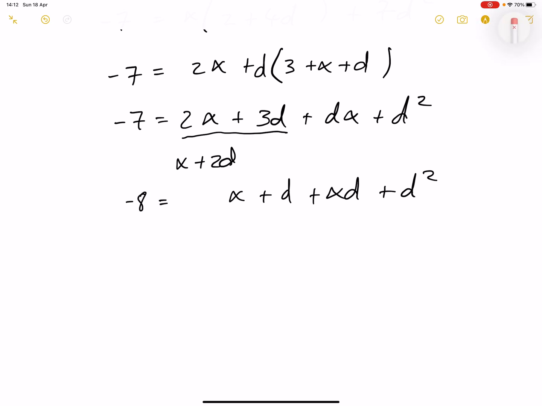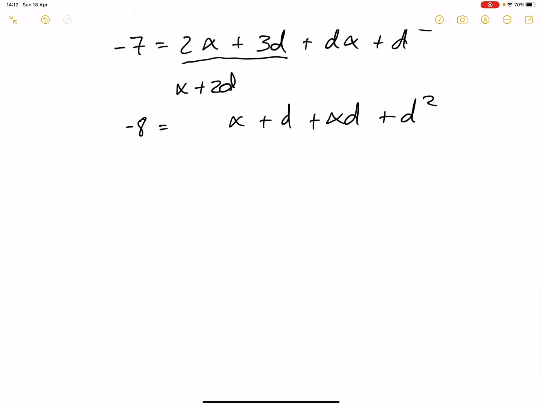And what I'm going to do now is form a quadratic equation in terms of d squared. So I can say that 0 is equal to d squared plus alpha plus 1 times d. So here's the 1 and here's the alpha, plus alpha plus 1 times d, plus alpha plus 8, and that all is equal to 0.